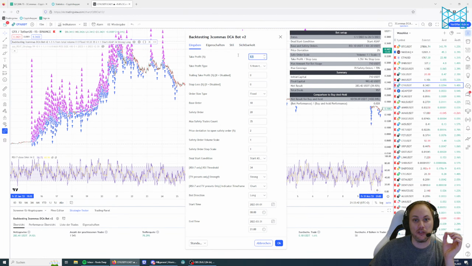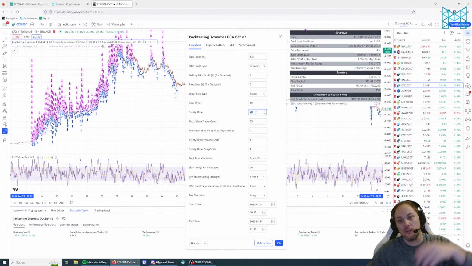So therefore 1.5% take profit. And the base order you can adjust as you want. I really like that when you open the first one, you double it after that. So when you buy the first safety order, the average price directly goes quite high up. So all the safety orders will be 20.